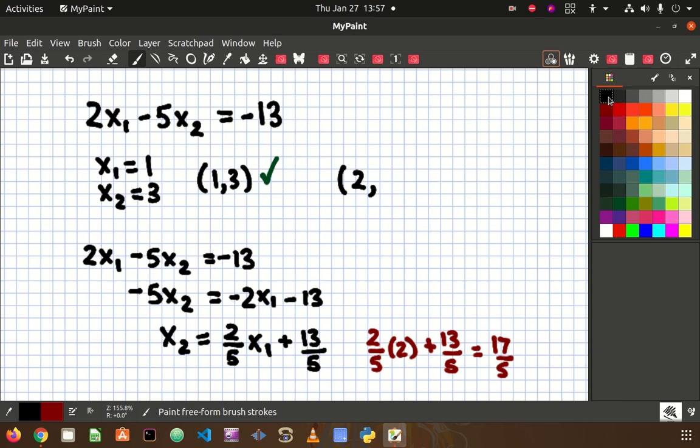And what that means is that the ordered pair (2, 17/5) is also a solution to the system. Now, that's pretty basic. You'll find that in any Algebra 1 class.